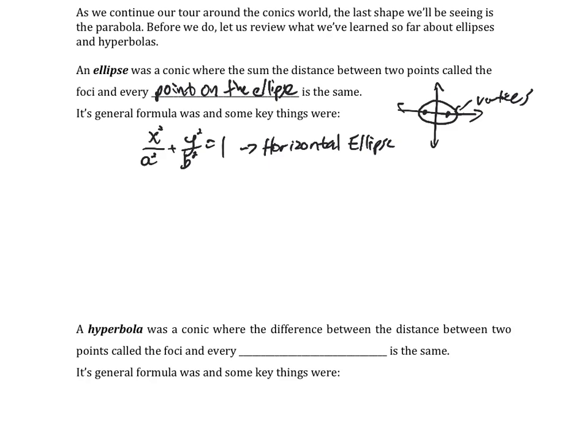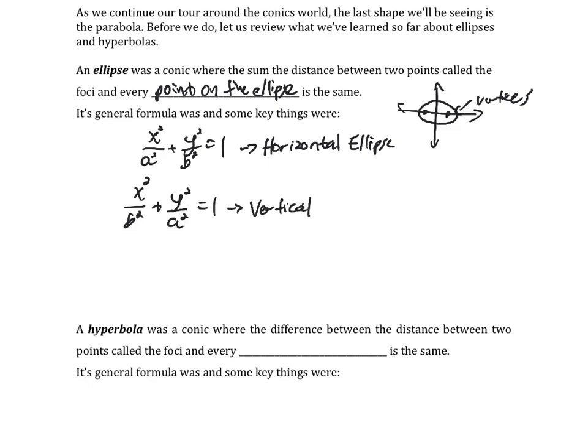And then we would also have a vertical ellipse: x squared over b squared plus y squared over a squared equals 1 was our vertical ellipse.